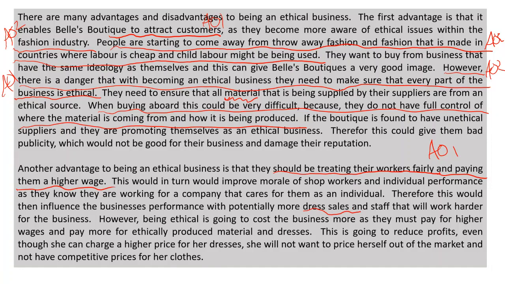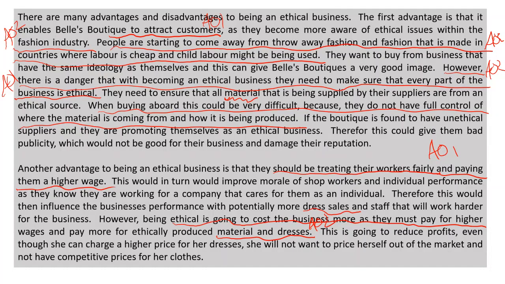However, being ethical is going to cost the business more. So again, we're looking at AO3 and AO1. Yes, you're going to have to pay higher wages and pay more for ethically produced material and dresses. So again, I'm bringing in AO2 here of ethically sourced material and dresses.